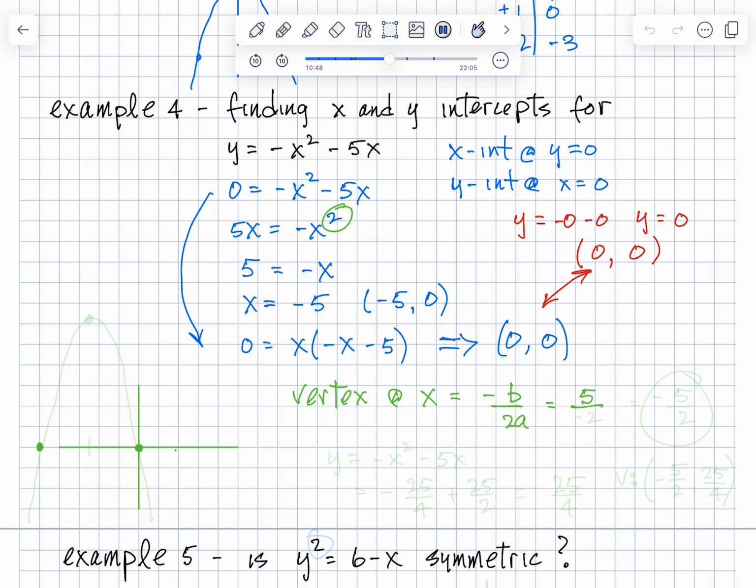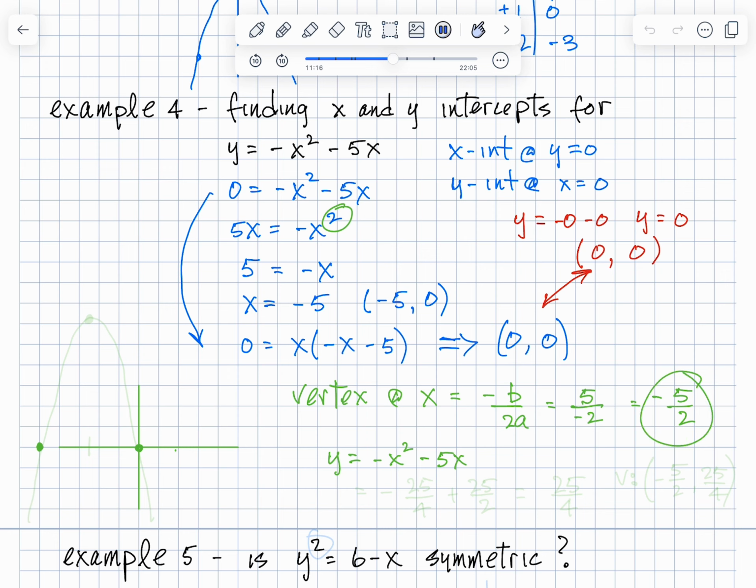2a would be a negative 2. So the x value at a negative 5 halves, that's the x value. To find the y value, we just plug it in. So y is equal to, go to our original, negative x squared minus 5x.